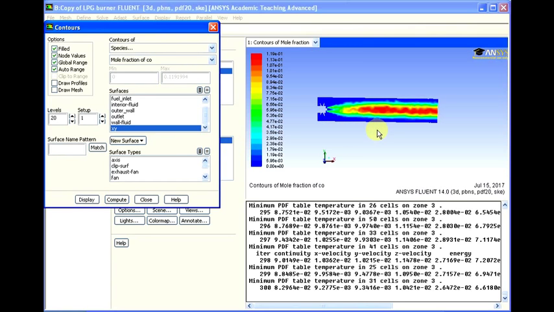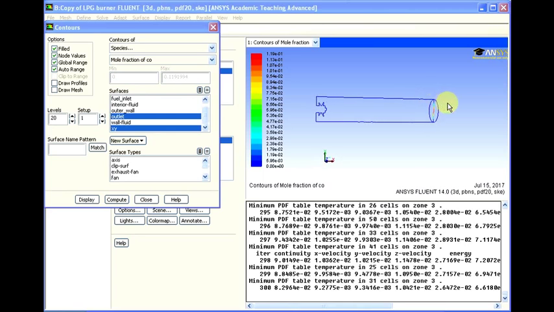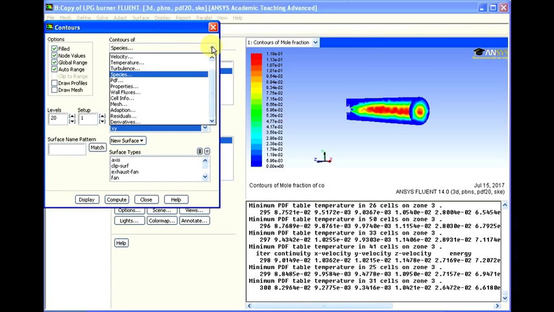We can see here we have high CO emissions in the center, but what we care about is the outlet, so we will display the outlet here. We have high concentration at the exit in the center only, then the concentration or ppm starts to drop until it becomes 0 by the edge of the outlet.